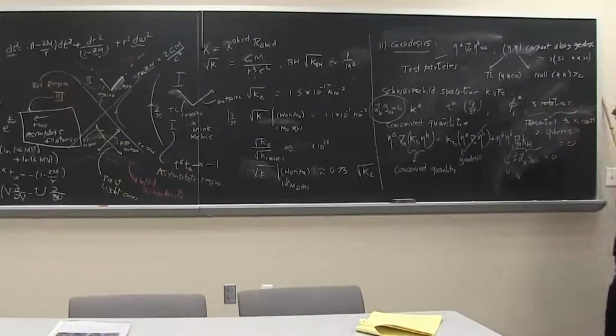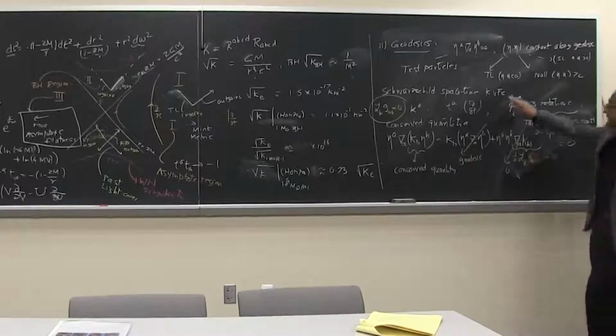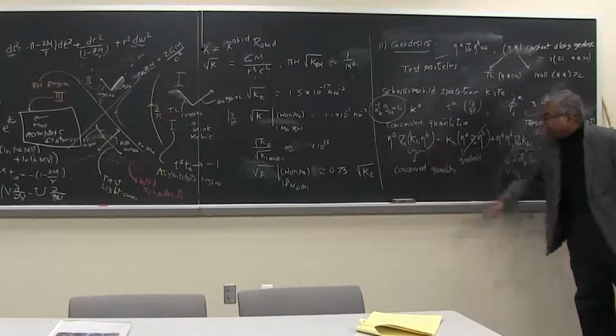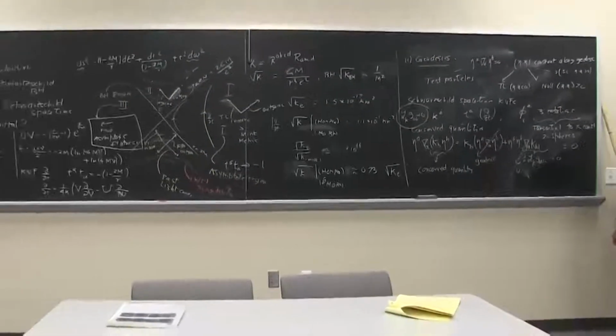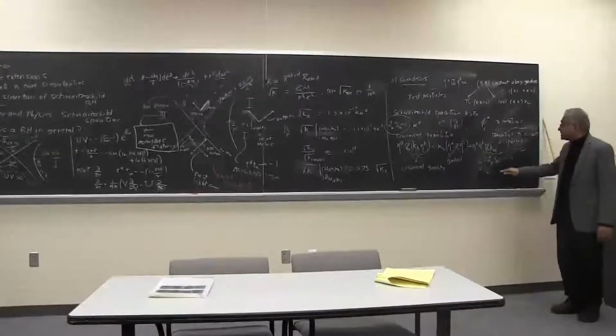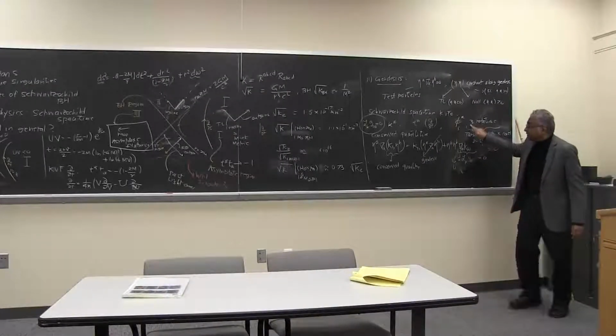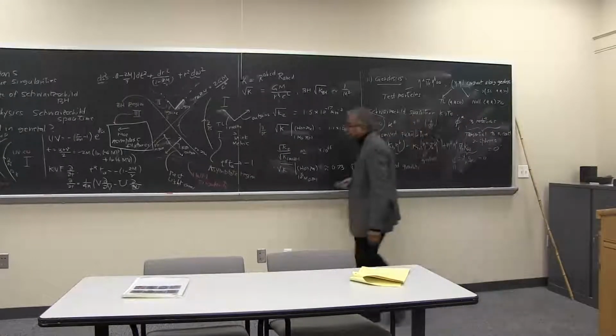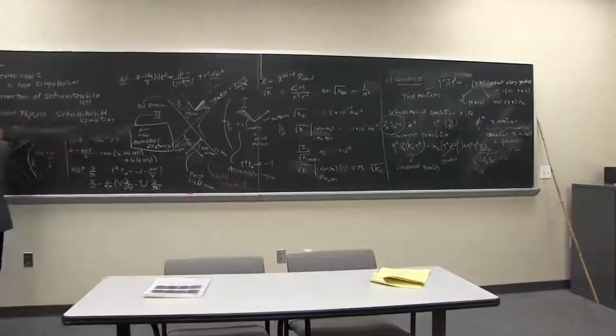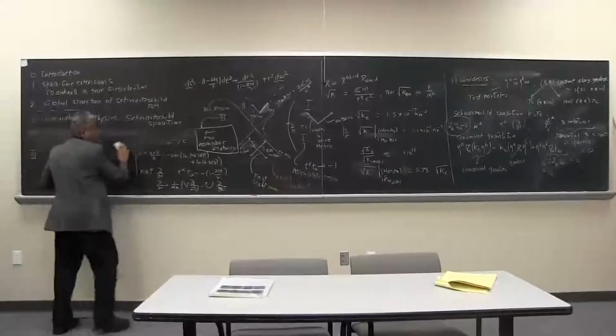And as I said, typically, for time-like geodesics, we regard this as being the energy of the particle, and for the rotations, we regard these as being the angular momentum of the particle. But then something very interesting happens for null geodesics.